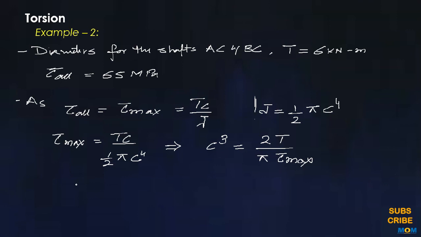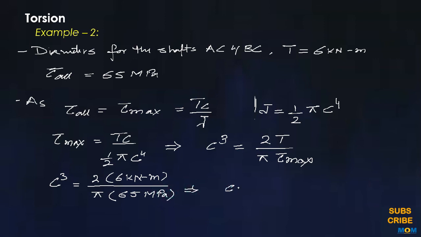Now we know the values of this, so c raised power 3 is going to be 2 into the value of T, that is 6 kilonewton meter, upon pi into the value of tau max, that is 65 megapascal.